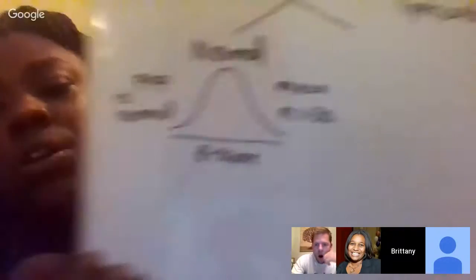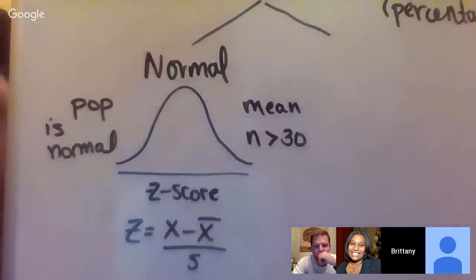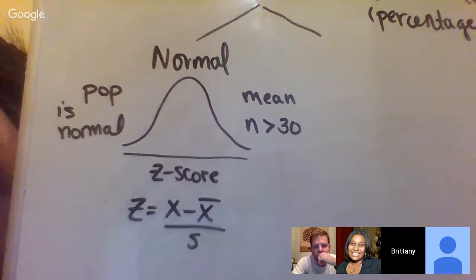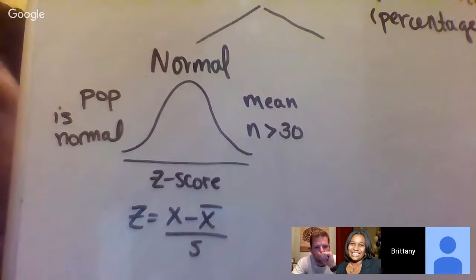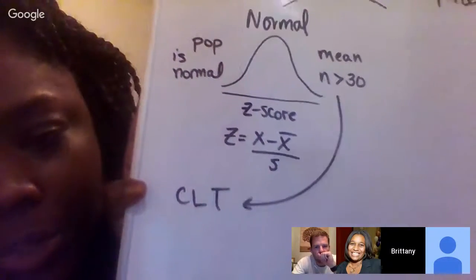You'll remember from class that the Z score formula looks something like that. If we want to find a probability from the normal distribution chart, we find the Z score. If we're working with a sample, we're actually invoking the central limit theorem, and so the Z score looks like this.